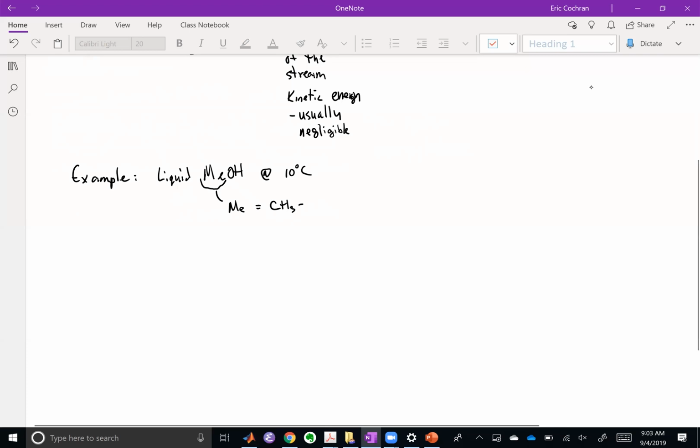So you have MeOH at 10 degrees C, and that's going to go through a pump. There's going to be some work injected into the system through the action of the pump.